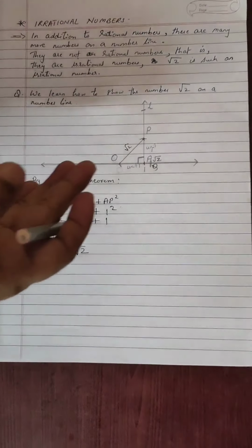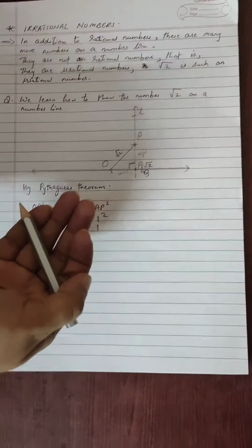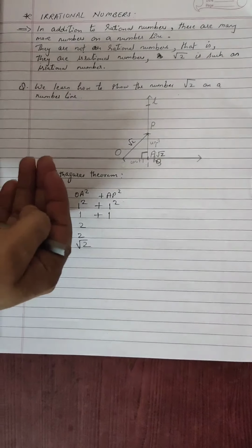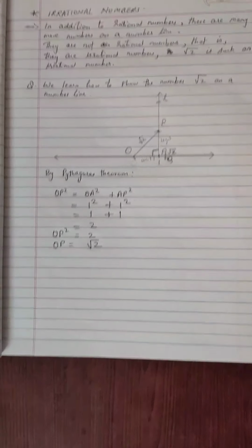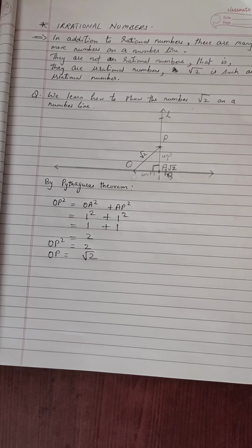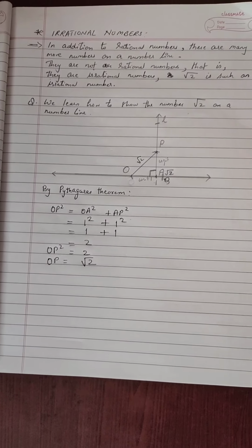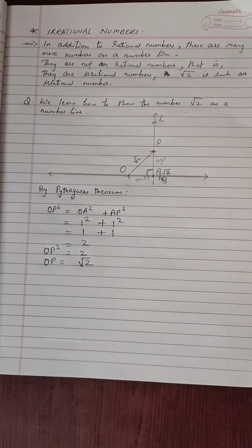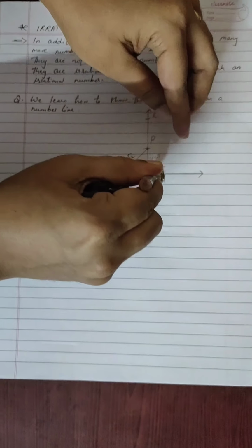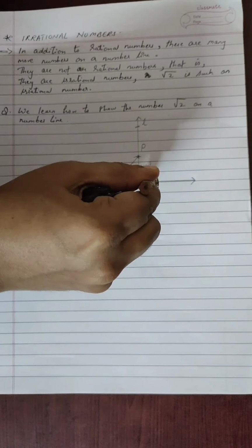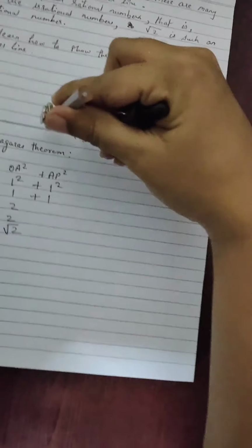Now we have to mention the same root 2 on the negative side, that is minus root 2. For that, we will take the same measurement of OQ, and we will mention it over here.